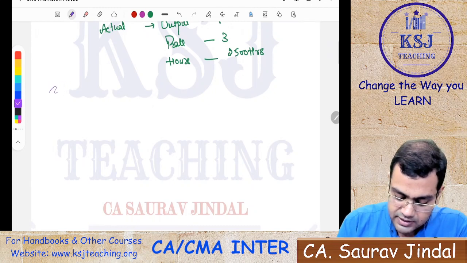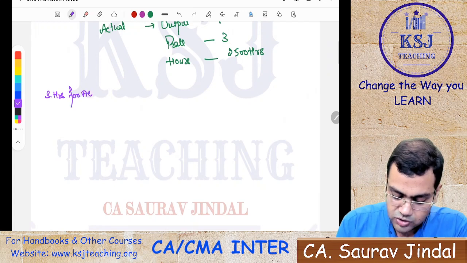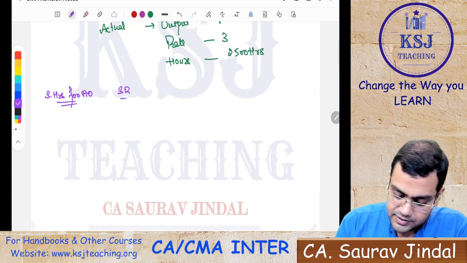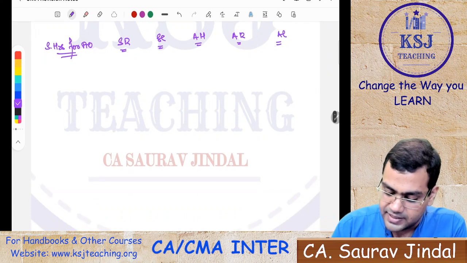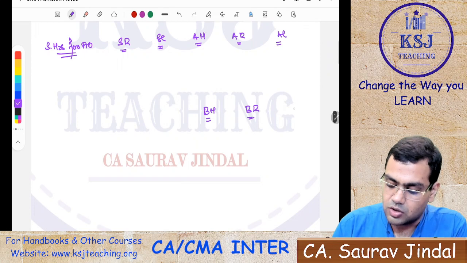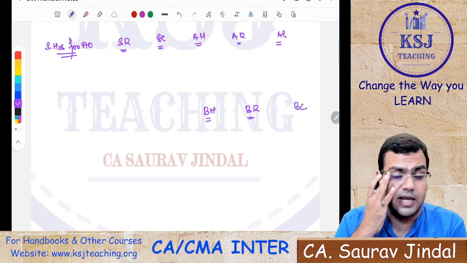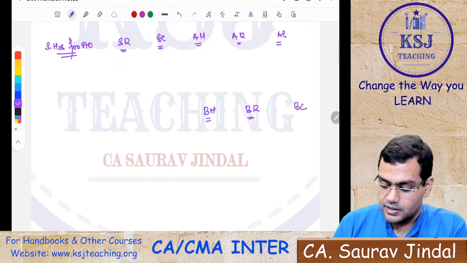We will write standard hours for actual output, standard rate, standard cost, actual hours, actual rate, actual cost. In this case, 3 more columns will be prepared: budgeted hours, budgeted rate, and budgeted cost. You can prepare it in just one line. I don't have space. Clear?